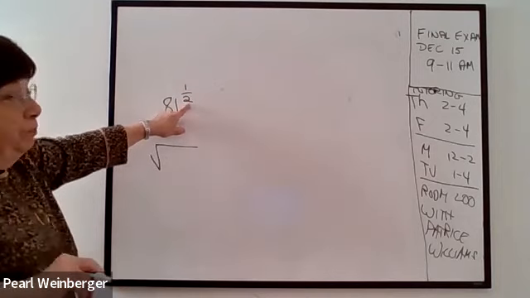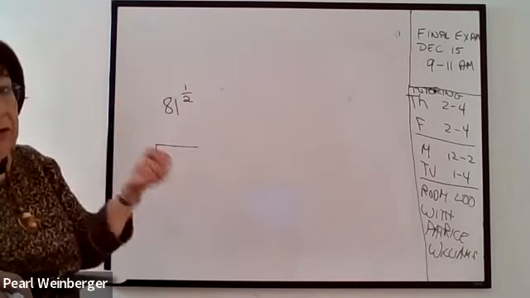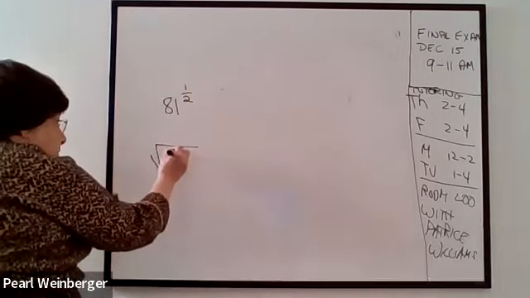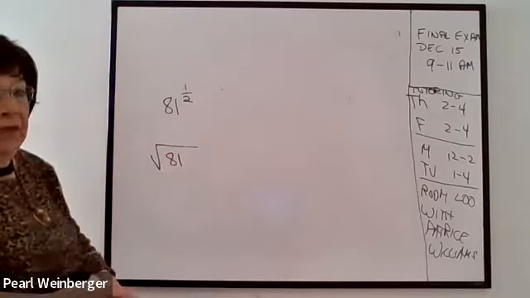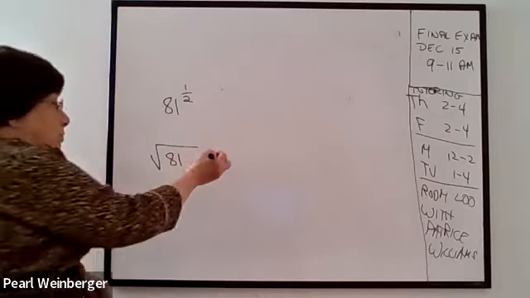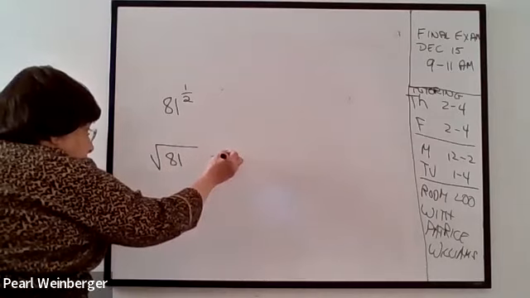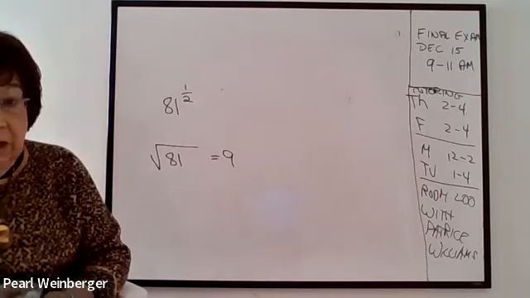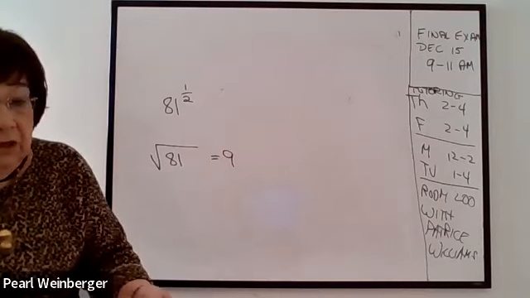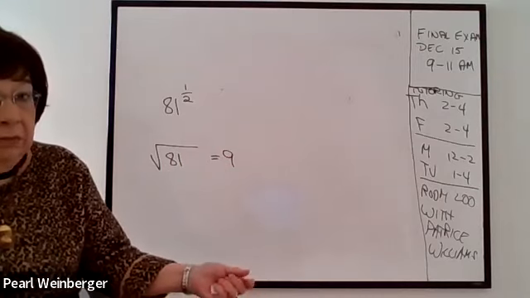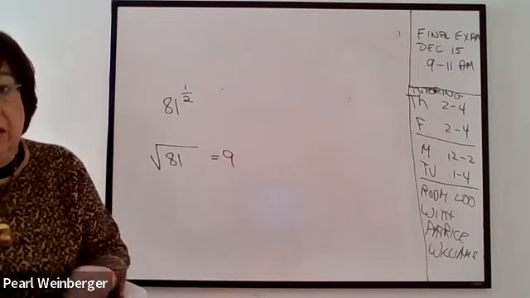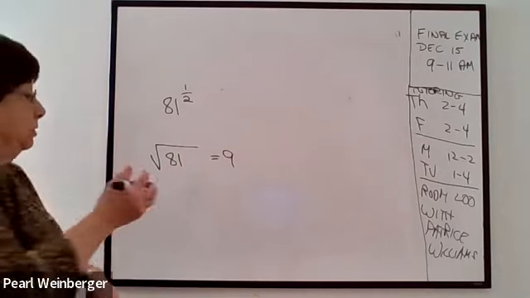A 1/2 means just a regular square root. This is the same as asking what is the square root of 81. And of course we know what the square root of 81 is. It's 9. So fractional exponents are no different than what we did in chapter 7 when we talked about radicals. We know how to deal with radicals. We know how to deal with fractional exponents.